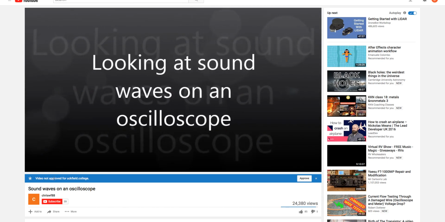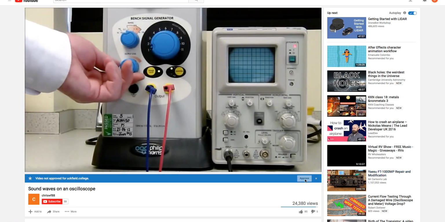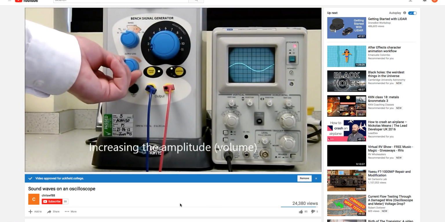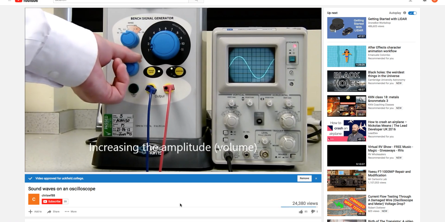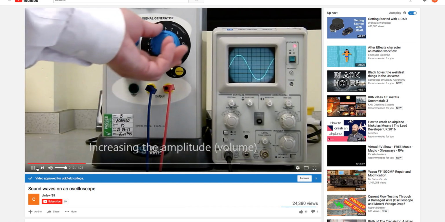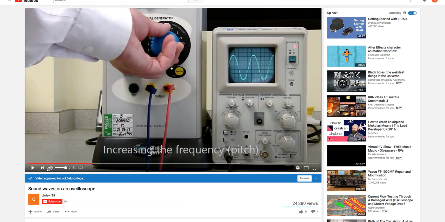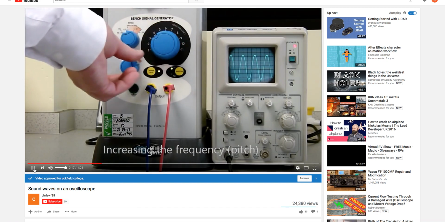So you can see as the pitch of the note increases, watch what happens on the oscilloscope. You can see that the frequency of the wave is increasing.